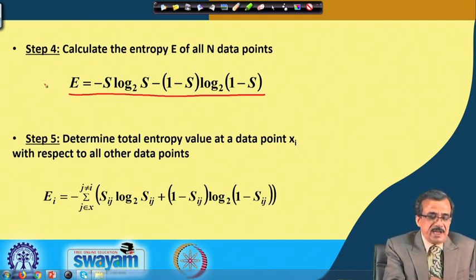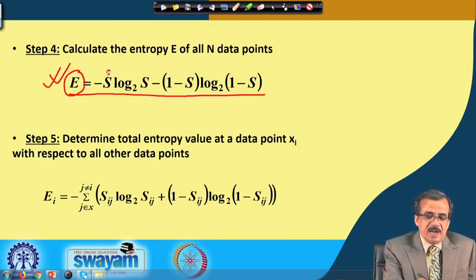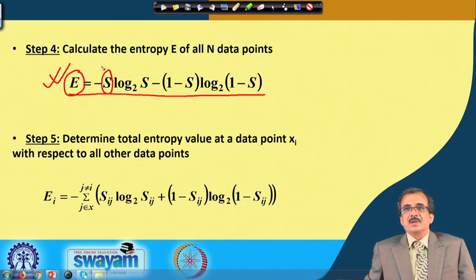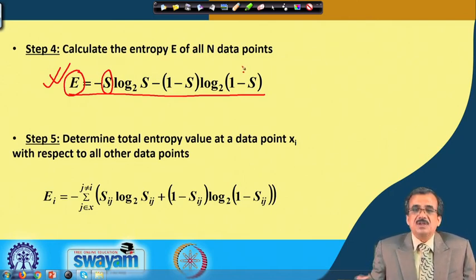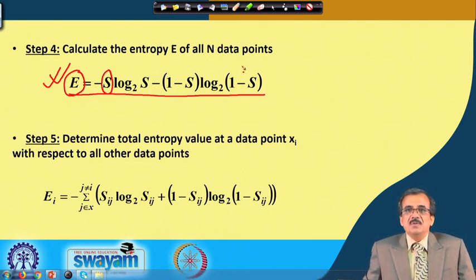So, this indicates the relationship between the entropy and the similarity S. Now, let us see if I take some suitable value for the similarity, then what happens to the entropy.